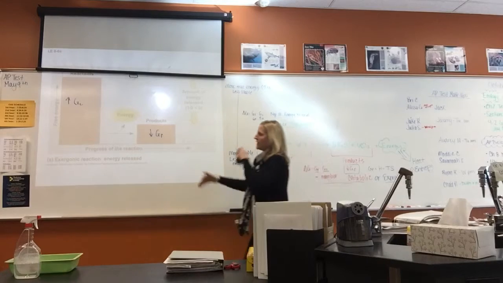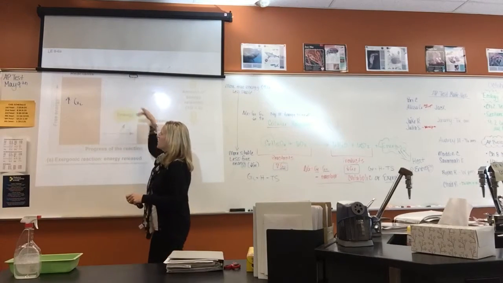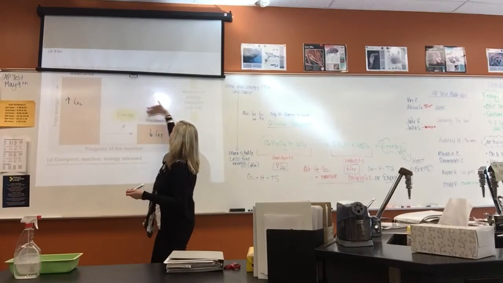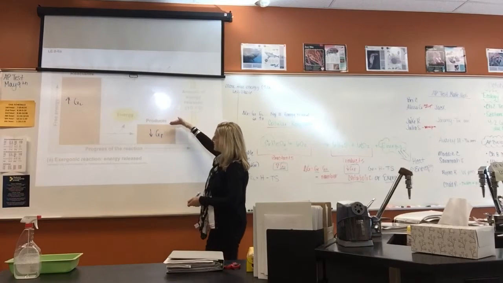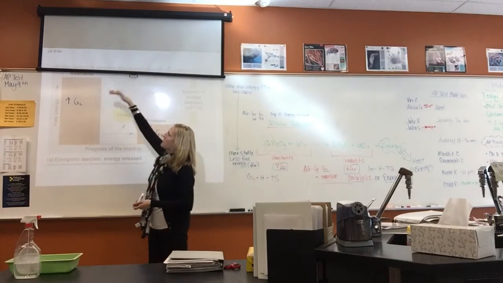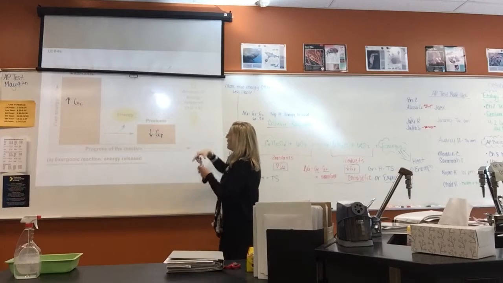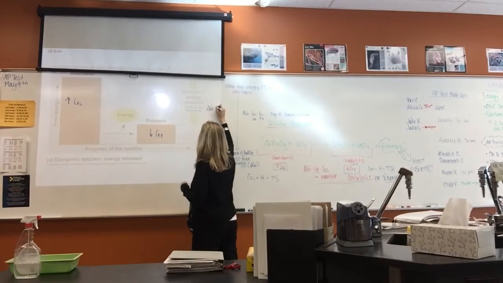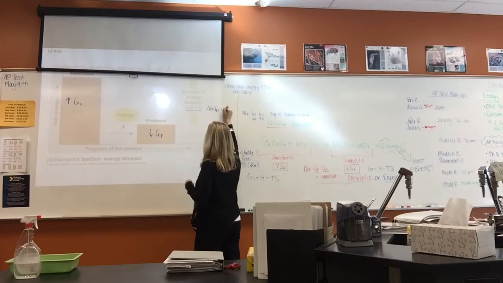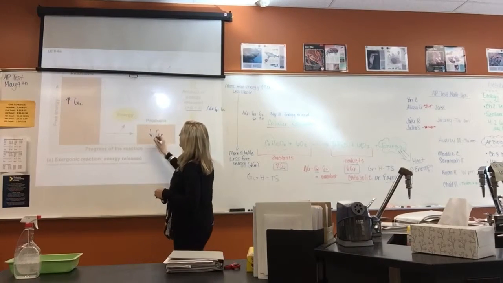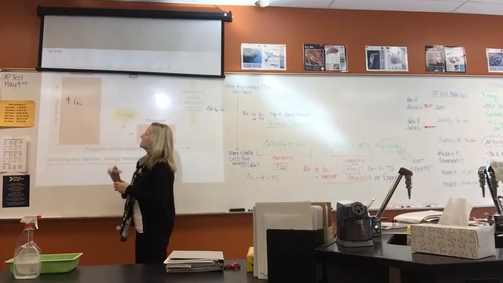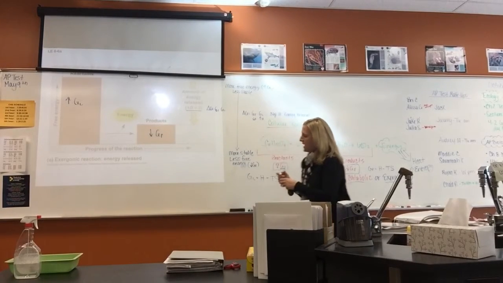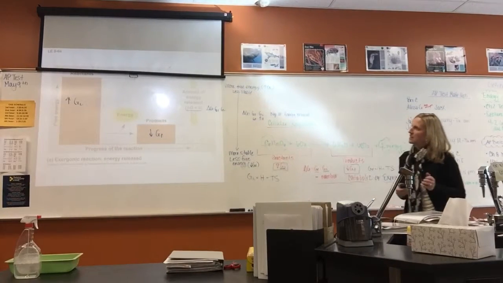So that difference has to go somewhere. It doesn't just disappear, so that energy is released. When you subtract the free energy of your products versus your reactants, you get a negative number. Delta G is the final minus the initial. A low number minus a high number gives you a negative, and therefore energy is released and can do work.